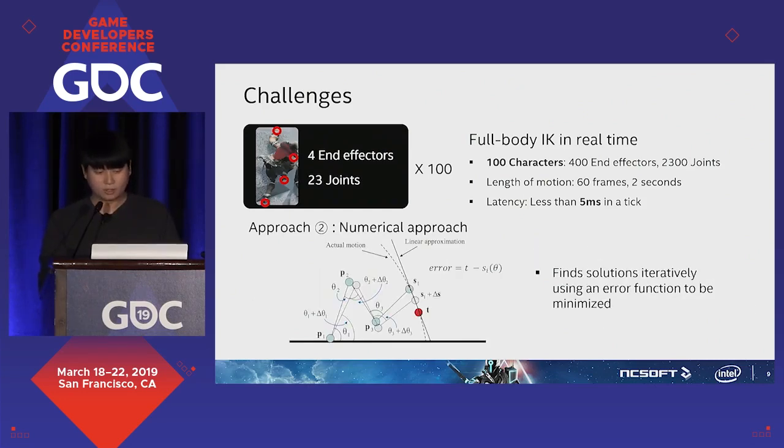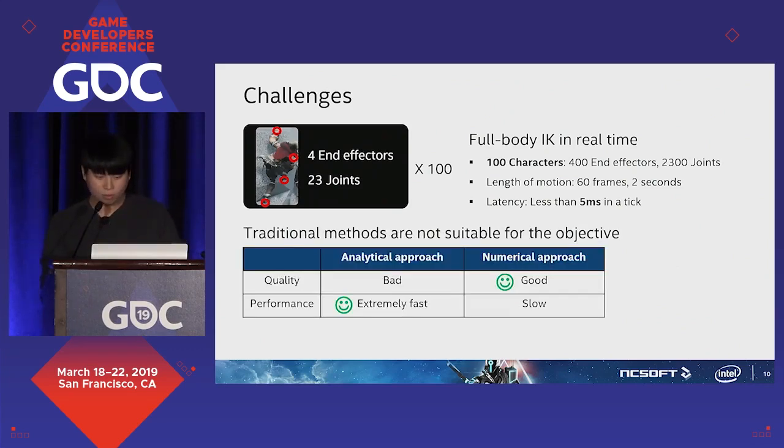On the other hand, numerical approach can solve complex full body IK generating high quality motions, but numerical approach imposes high computation cost because it computes in iterative fashion. Therefore, both approaches are either too complex to generate high-quality motions or computationally expensive.